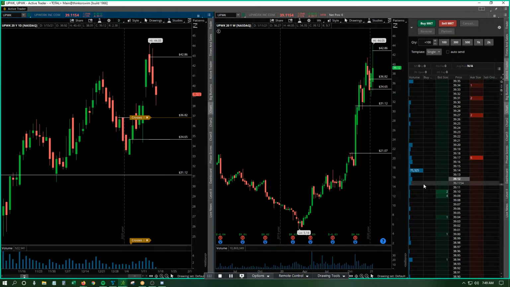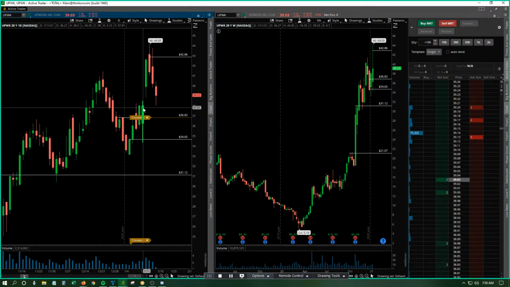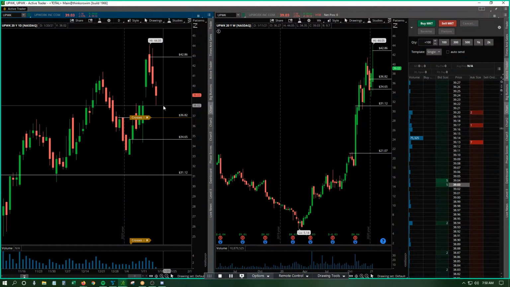Tagged it to the T. 38.05 was the low. 38 was the close of this candle. Probably didn't go off because it was 5 cents higher. Now you got a buck rally off of that already. Okay, we'll keep an eye on it.